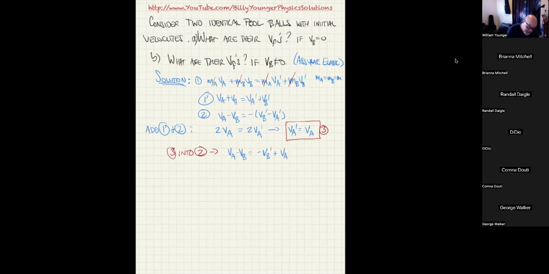You can now see that I can subtract VA from both sides. And lo and behold, VB prime, which is something we wanted to know, is in fact equal to VB.